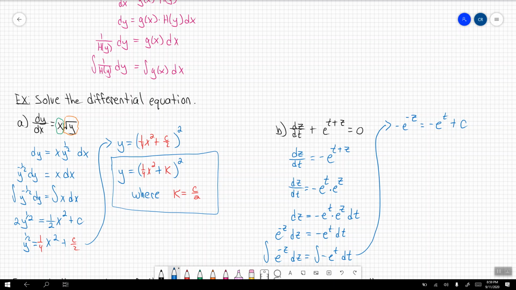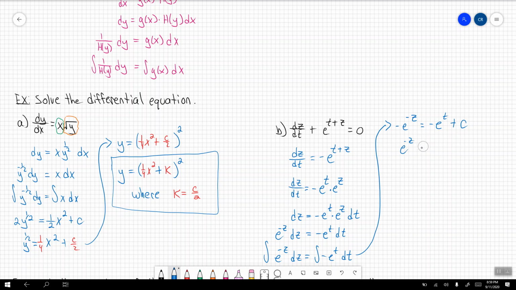Again, we're trying to solve here. Typically, you want to solve for the function that you initially took the derivative of. In this particular case, since the differential is dz dt, we want to solve for z.